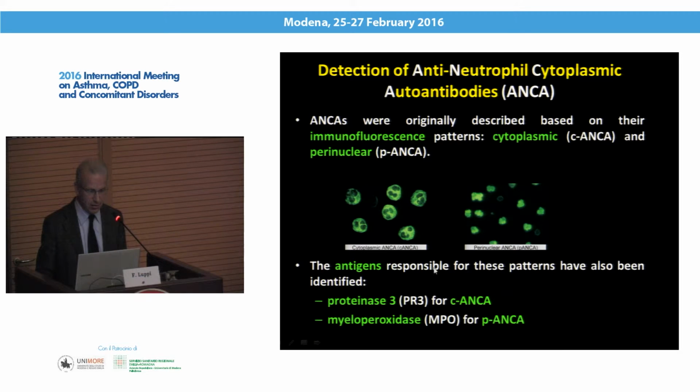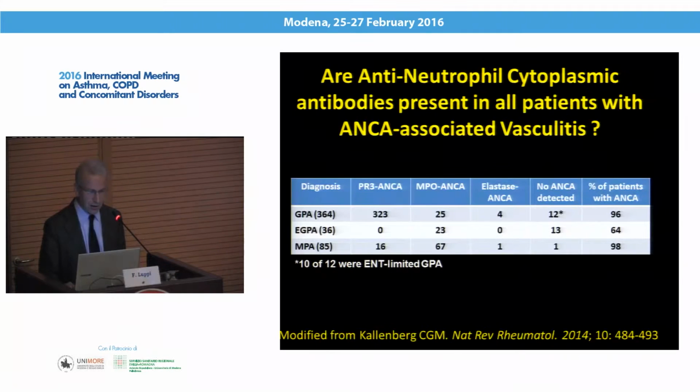On the left you have an example of cytoplasmic ANCA at immunofluorescence, and on the right, the perinuclear. The difference between P and C ANCA is that they have different antigens. The main antigen for C ANCA is proteinase 3. The main antigen for P ANCA is myeloperoxidase.